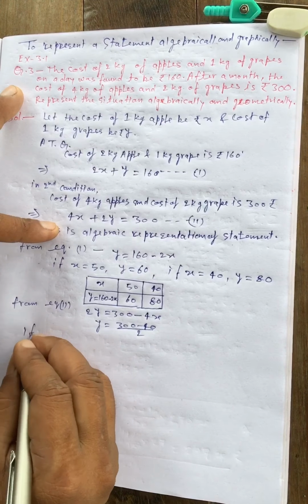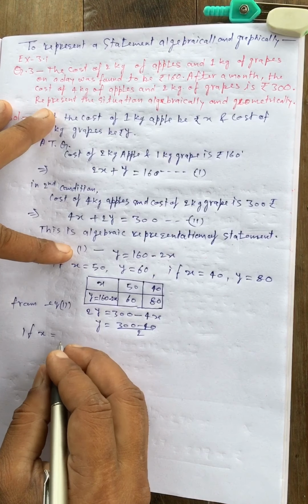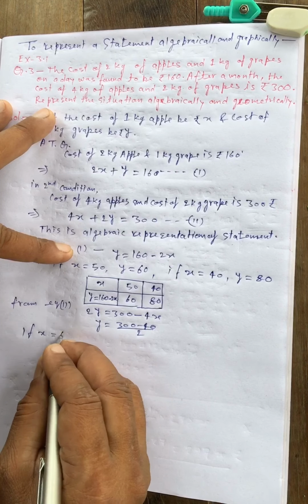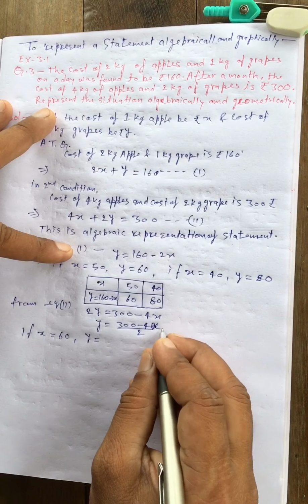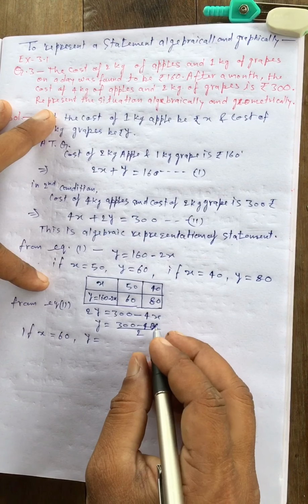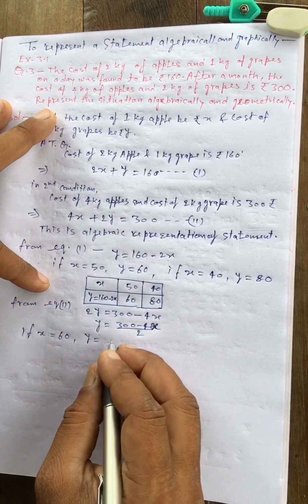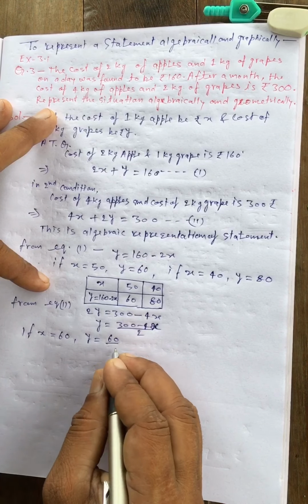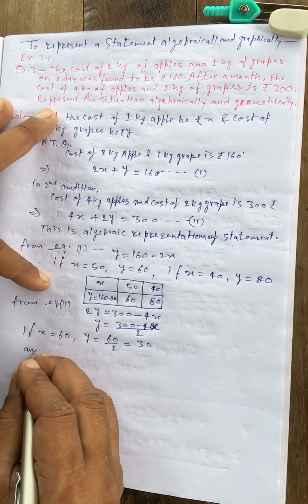If x is equal to 60, then y will be 4 times 60 is 240, 300 minus 240 is 60, upon 2, that is y is equal to 30.